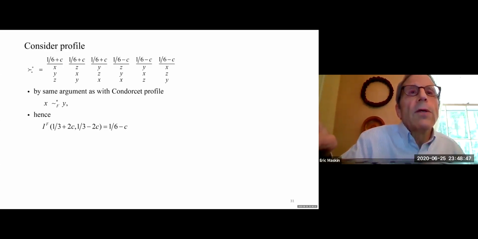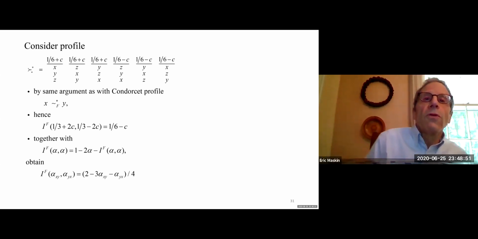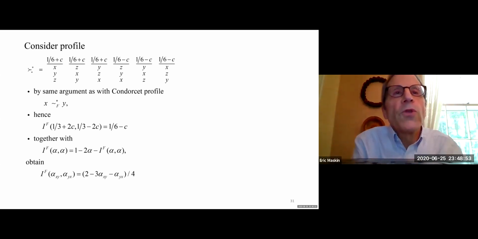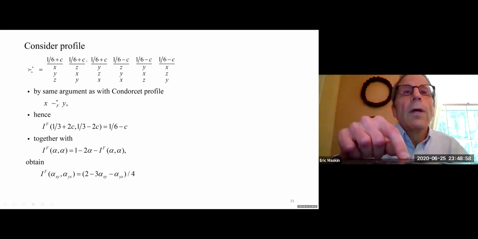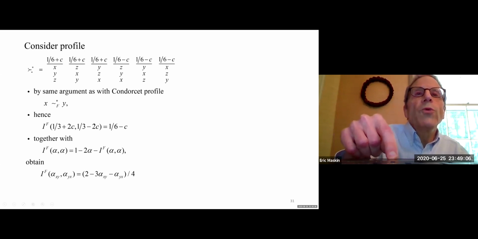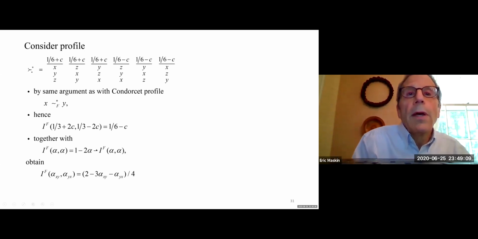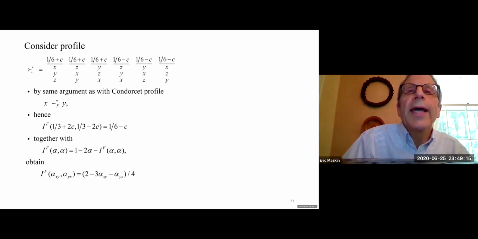So those three unknowns are determined uniquely from these two relationships. And that's really all there is to it for the case of three alternatives.